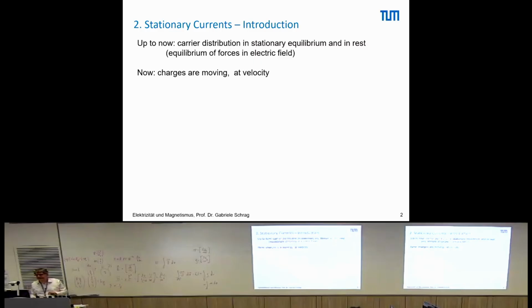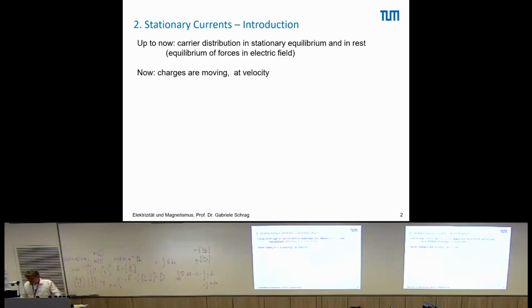Only in the last section were we interested in what happens if we move them, but even there we were not really interested in the dynamic process. We wanted to know what happens as we move charges from one conductor to the next, and how much energy we put in the field. But always we had a given carrier distribution, in a stationary, equilibrium situation at rest.